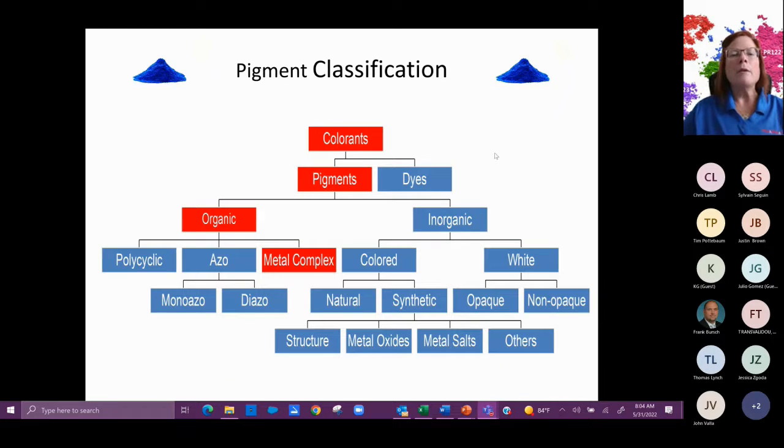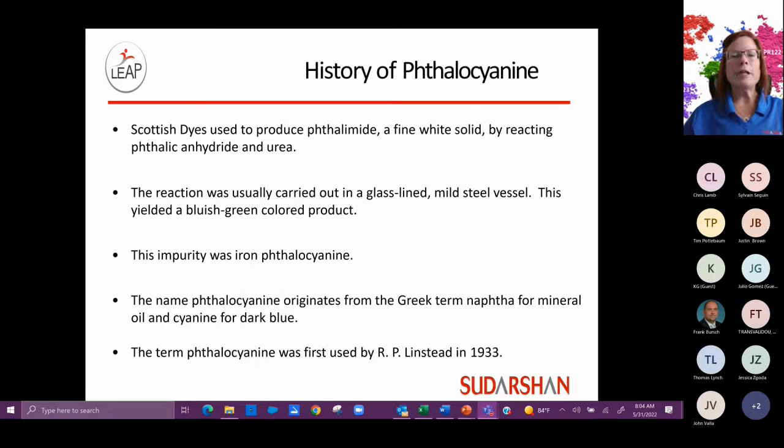The phthalo blues are part of the organic pigment category. They are a metal complex, and there is a little bit of history here. Scottish Dyes used to produce phthalimide, a fine white solid, by reacting phthalic anhydride and urea.